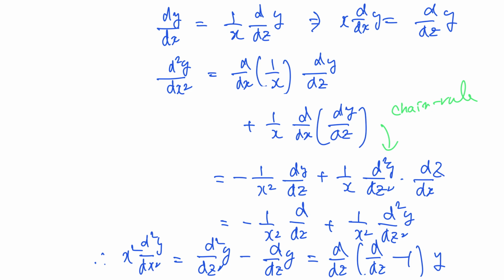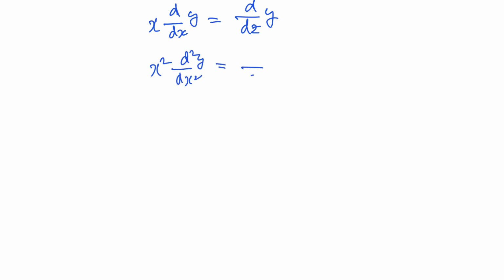So we can continue this process. So let's say x dy/dx is actually d/dz y. x squared d squared y/dx squared is d/dz (d/dz minus 1) y.